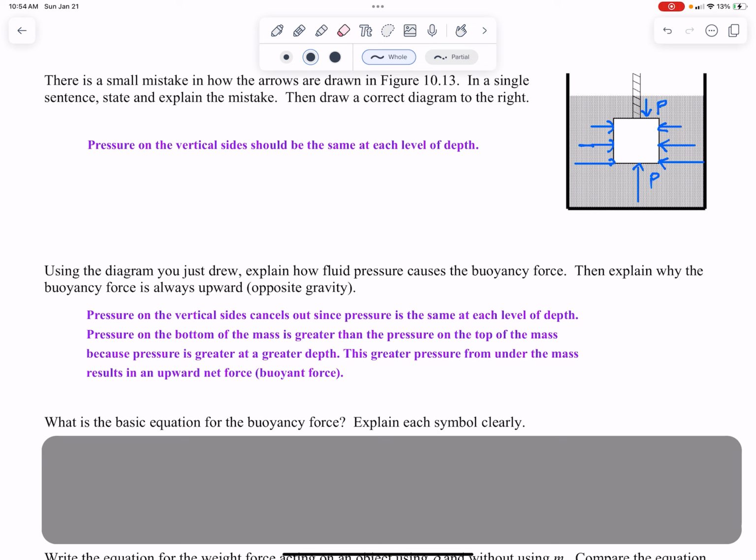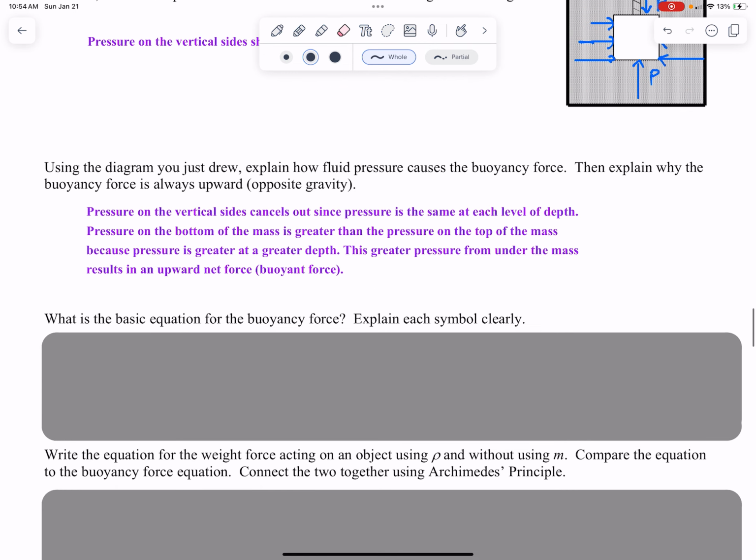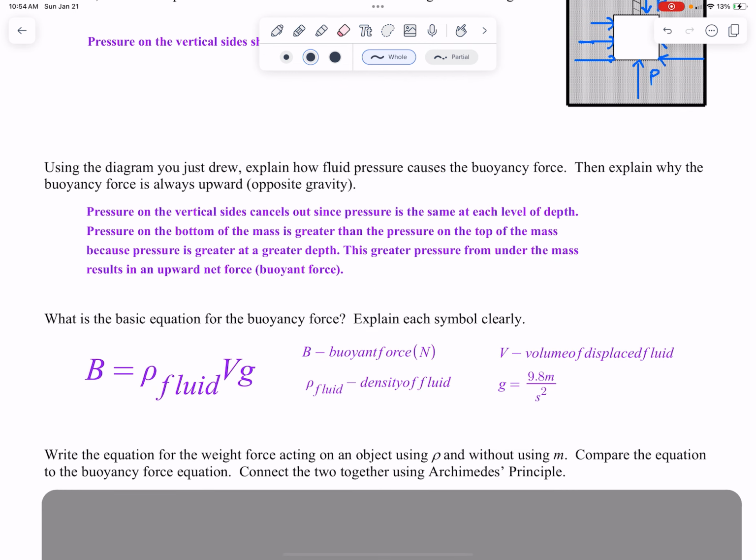This greater pressure from under the mass results in a net upward force known as buoyancy. The equation for buoyancy is B equals rho of the fluid times V times g, where the buoyant force is in newtons, rho of the fluid is still in kilograms per cubic meter, volume is still in cubic meters.